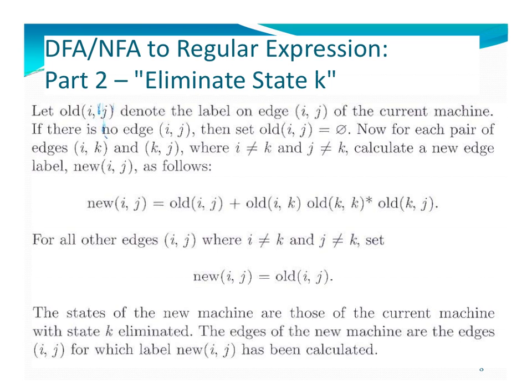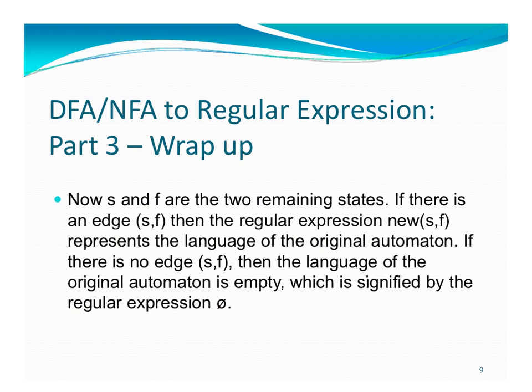But for now, don't worry about trying to understand what is actually written on this slide too closely. Just believe this is how to get rid of all the different states one at a time. And then the procedure finishes with one last step, which I call the wrap-up step, which basically says you now end up with just two states, S and F, and if there's an edge from S to F, then that regular expression tells you your answer.